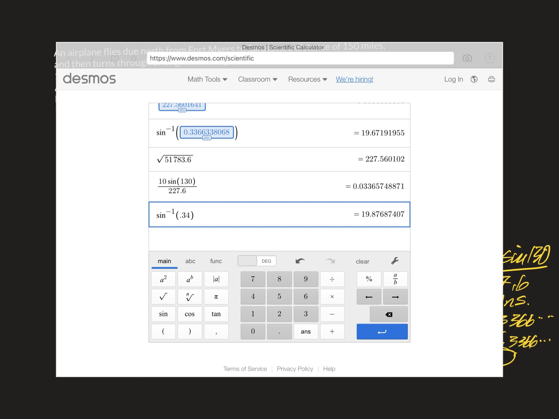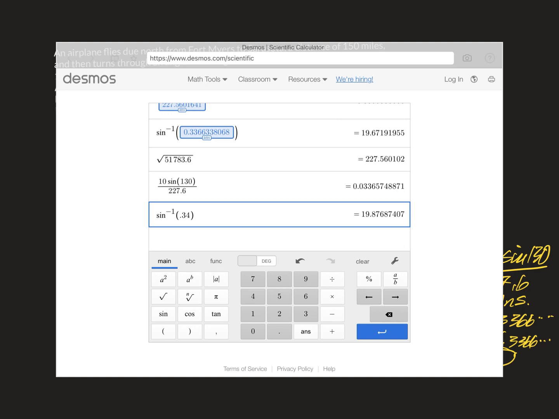So traditionally in mathematics, you're considered correct on a calculator answer if the answer is 19.67191955, so 19.67, then if you get 19.66 to 19.68, you are considered correct. So this answer, the 19.87, would be considered wrong, even though you're 2/10 off, just 2/10, about 2.5 tenths actually.